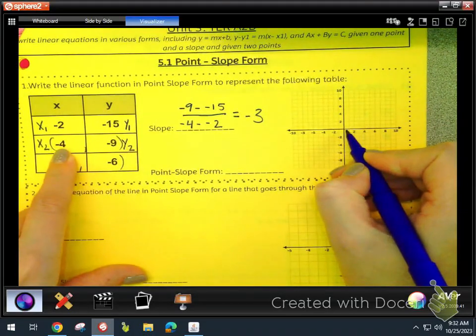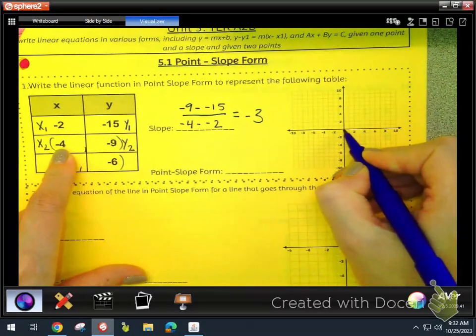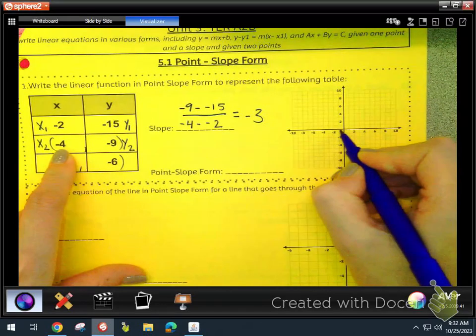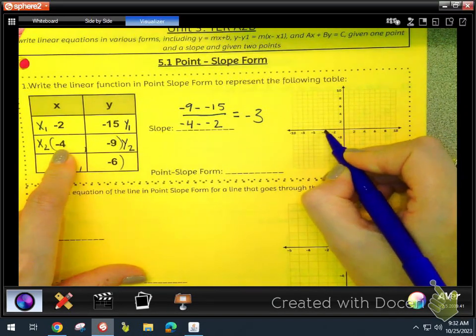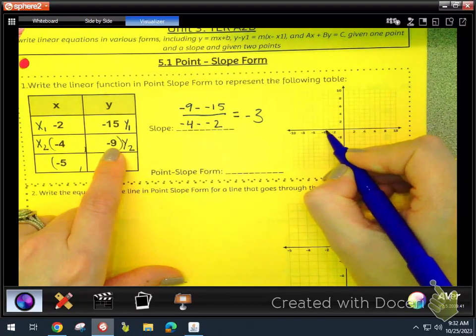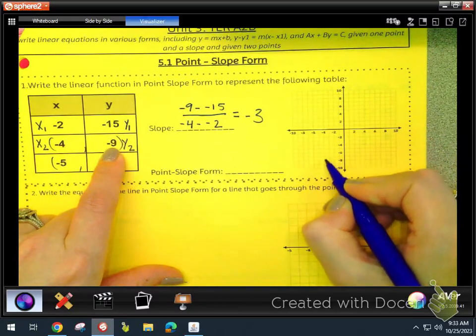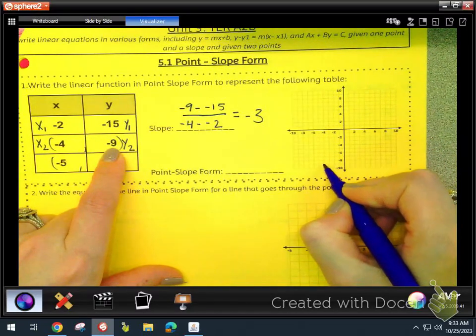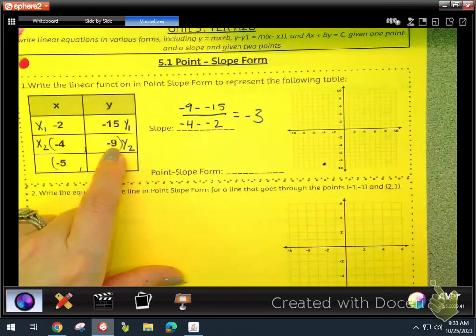If I want to go negative on the x, I'm going to the left. How many? 4. I am hovering, I am not done with my point. I have to put the matching y value, which is negative. So now I'm going to move down. How many? 9. I can see my labels right here. I'm going to put a point there.